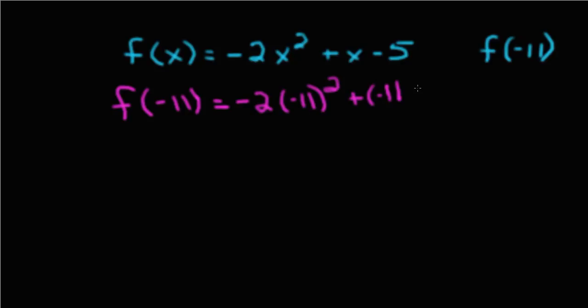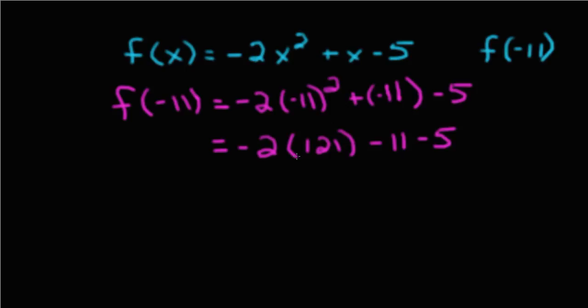All we have to do to evaluate this is plug in the numbers and work out the answer. So you've got a negative 2, and negative 11 squared is 121. Plus a negative 11 is the same thing as minus 11, and minus 5 is your constant here.